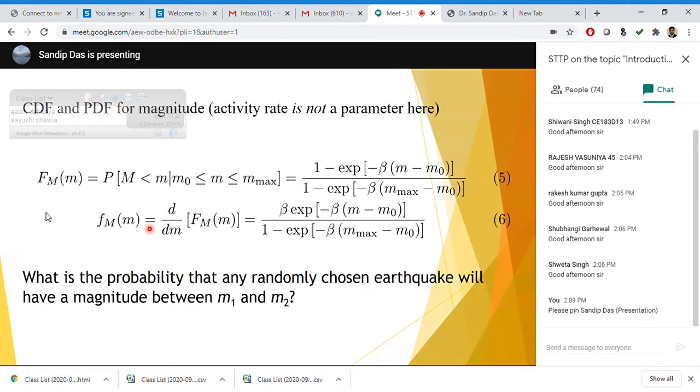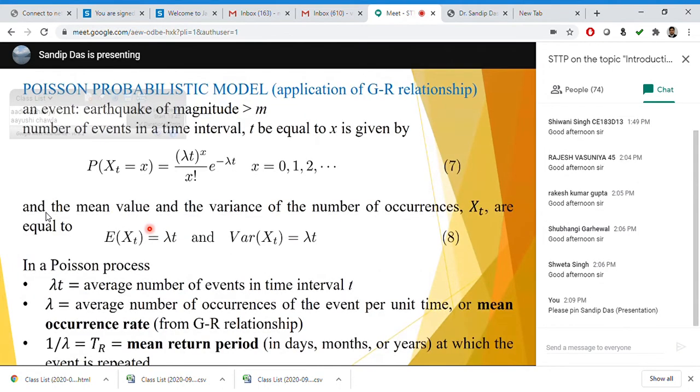Okay. So now we will move to one of the very important applications of the GR relationship that goes in tandem with our Poisson probabilistic model.